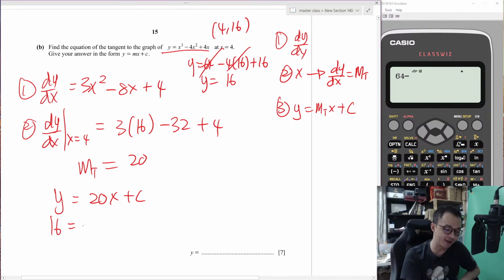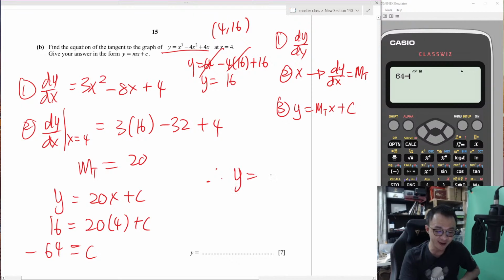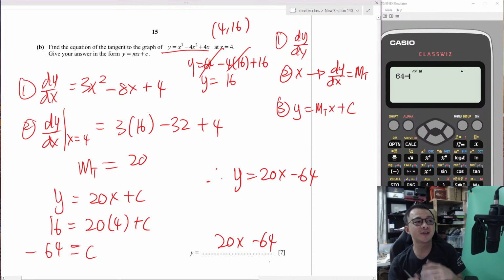So I sub the 16 into y, I sub the 4 into the x plus c. So this is 80. Then c will be negative 64. Therefore, my equation of tangent is y equals 20x minus 64. Alright, just follow these 3 steps. You can always get your equation of tangent easily here.